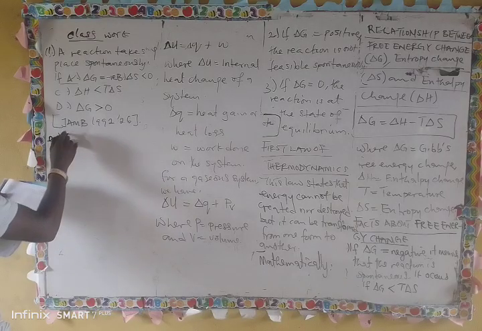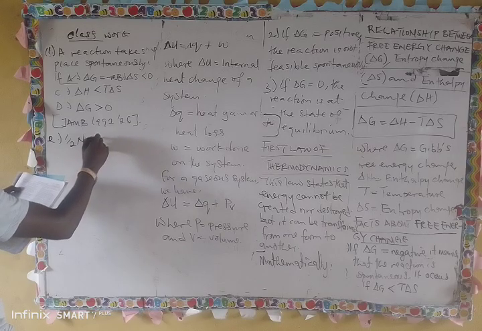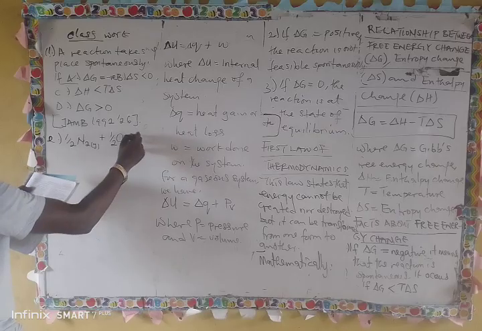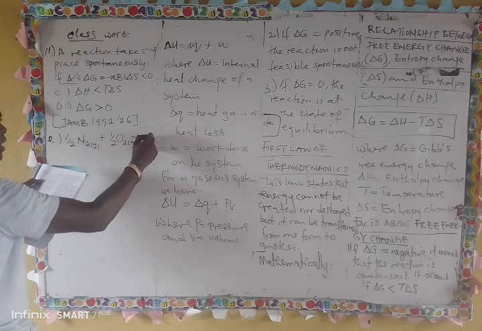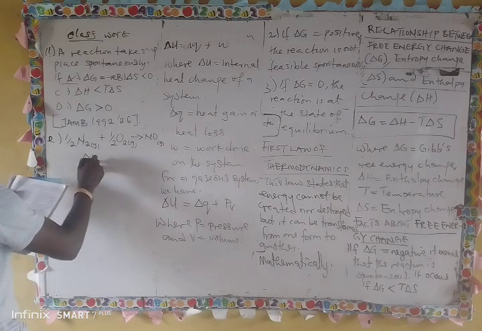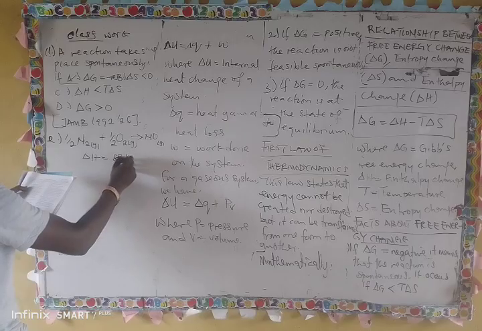Now they say 1/2 N2 gas plus 1/2 O2 gas equals NO gas. Delta H of this is 89 kilojoule per mole.